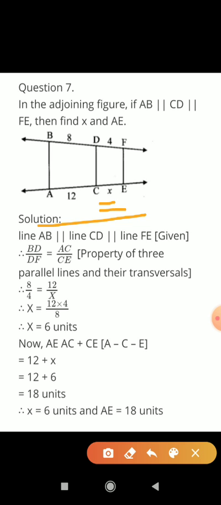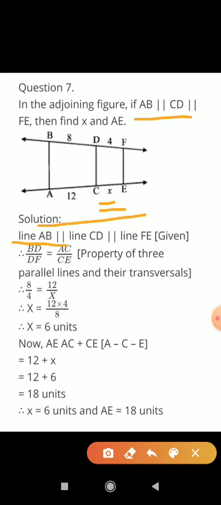So for finding X, we can understand this figure based on the theorem of 3 parallel lines and their transversal. In the question it is already given that AB parallel CD parallel FE, that is 3 parallel lines. 3 lines are parallel and it is given. So we can directly use here the property of 3 parallel lines and their transversal formula.